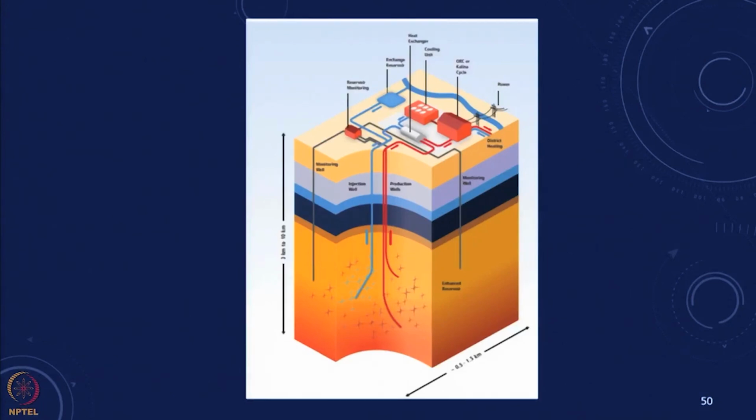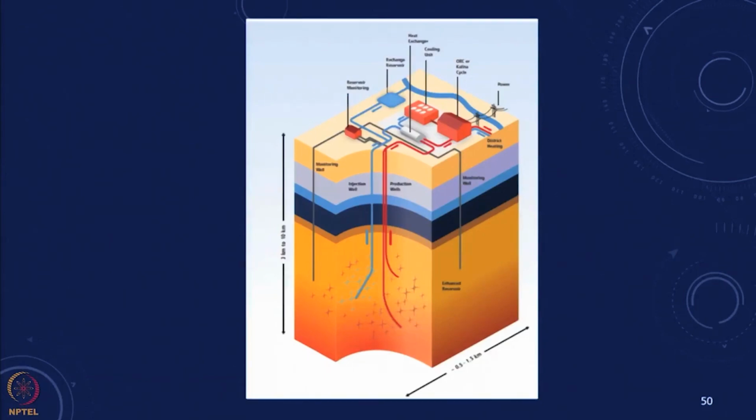There are many natural hot springs where these come out, and these are usually tourist attractions. There are also many different technologies where we can have an injection well and an extraction well, where you inject water or a working fluid inside, and then you can have an organic Rankine cycle and generate power.